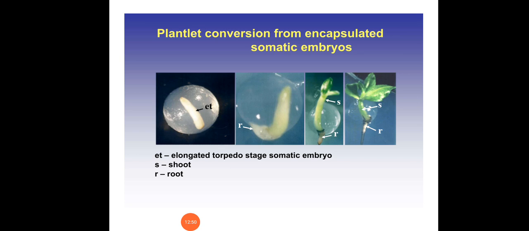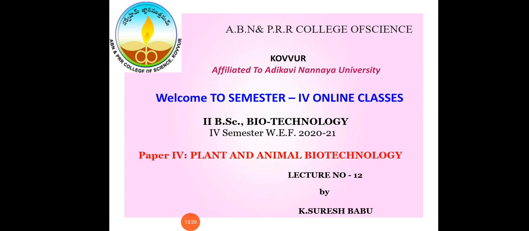That means a shell is made, and within that shell the cells are in a live condition, with shoots and roots alive. Then when we go for planting, these encapsulated seeds are readily planted in a greenhouse or soil. So it is widely used.